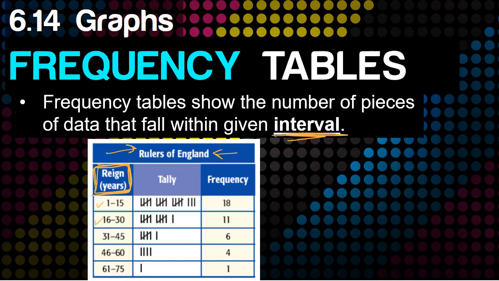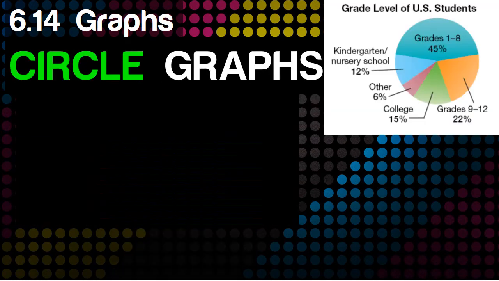And then you have tally marks. For every tally mark, that is one king or queen that was on the throne. So you can see we have 18 kings or queens that were on the throne between 1 and 15 years. And some interesting little facts here: you have one king or queen whose rule was 61 to 75 years. So a frequency table is just a different way to display data.